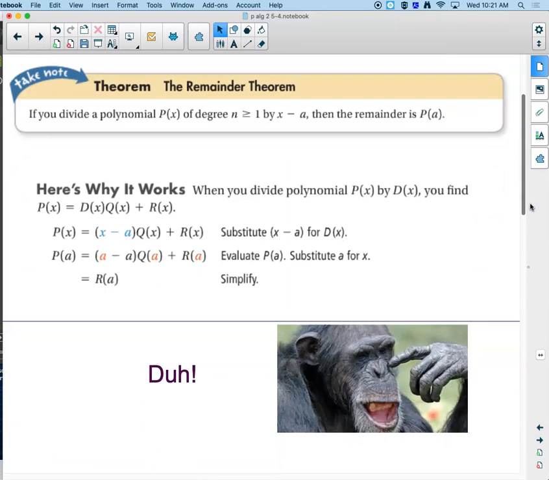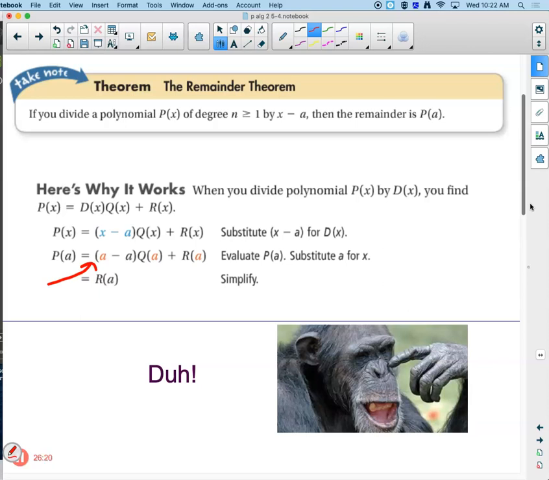Now, this one, they make something very easy look hard, but let me show you what they're doing. When we divide a polynomial, we get the divisor times the quotient plus the remainder when we want to check it, when we put it back. And the divisor for synthetic is always going to be x minus a. So this is asking, what's going to happen if we put a in there?